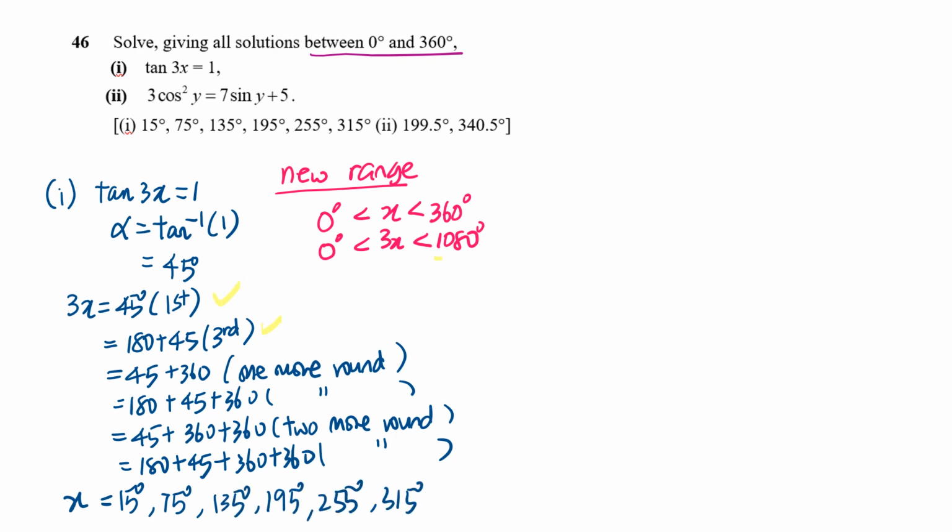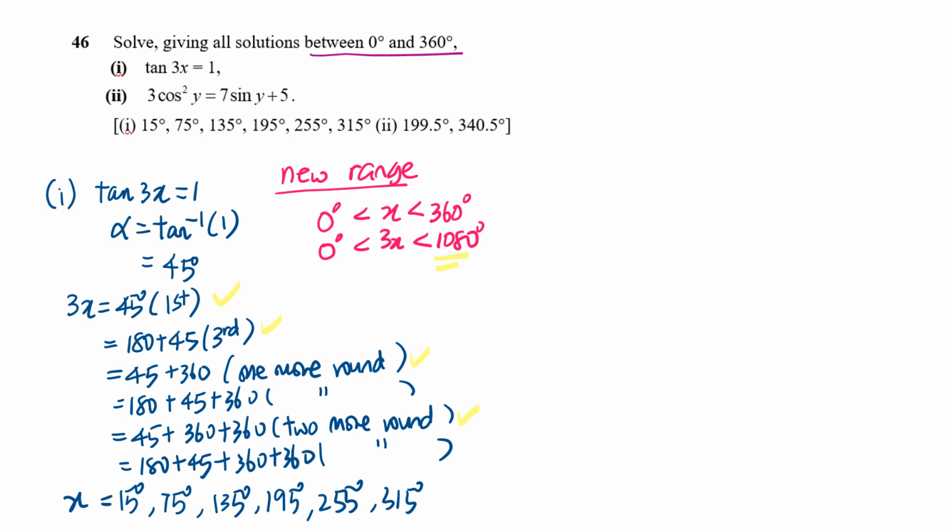Second answer will be from the third quadrant. Because we're talking about 1080, your first answer at 1 round, and then at another 1 more round. So your first answer is 45, at 1 round is plus 360, at the second round means plus 720.